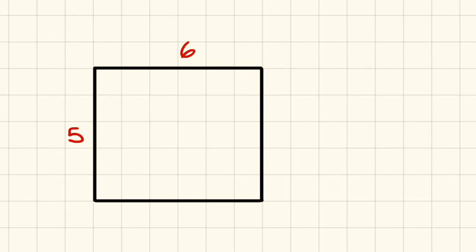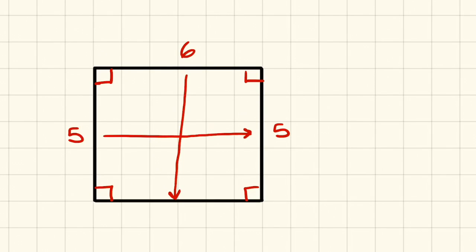Now, something I want to be mindful of when I'm dealing with right angles, which these are, is that the opposite sides are congruent, meaning that this side over here must also equal 5. Likewise, this side here is congruent.